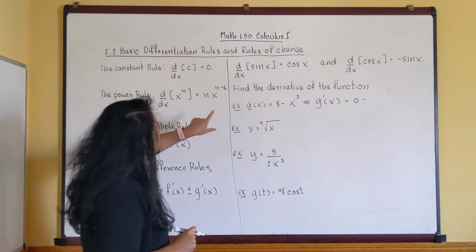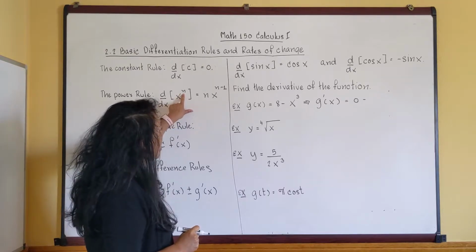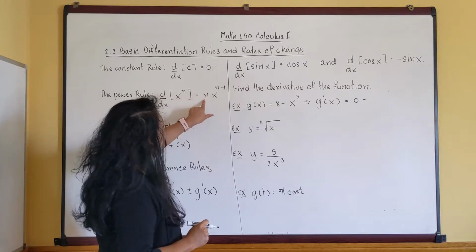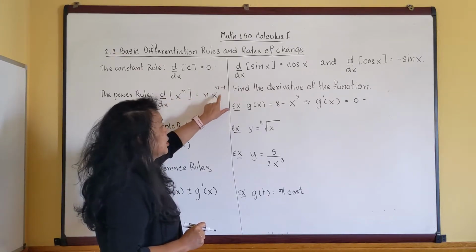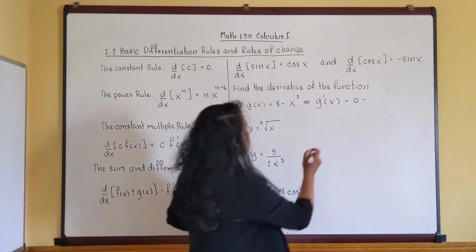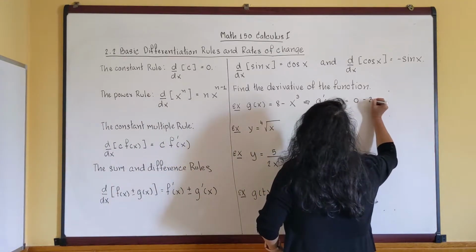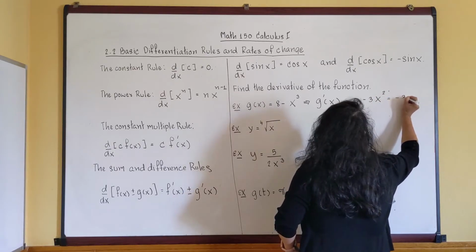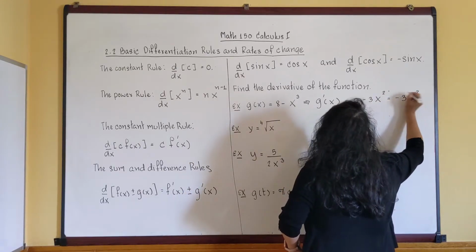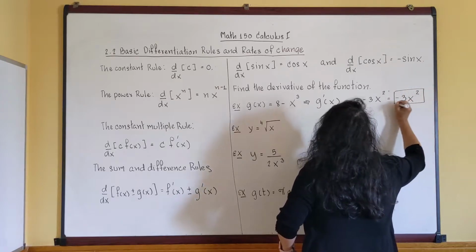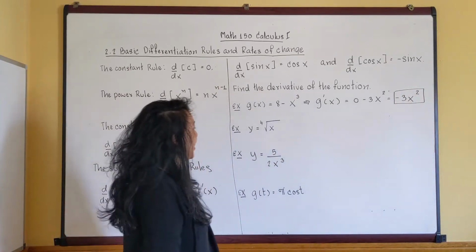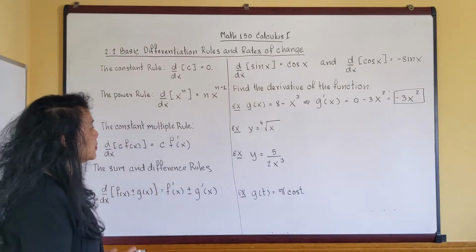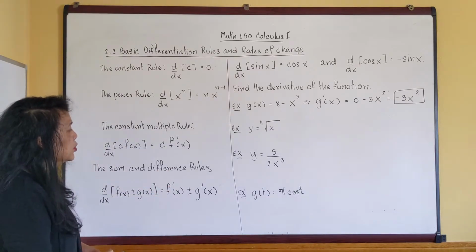I have a variable raised to the third power, so I bring the power up front and reduce the power by 1. So I'm going to have minus 3x squared, or negative 3x squared. Sometimes you have to apply more than one rule in one function.